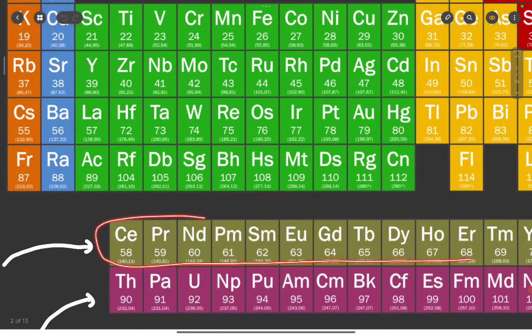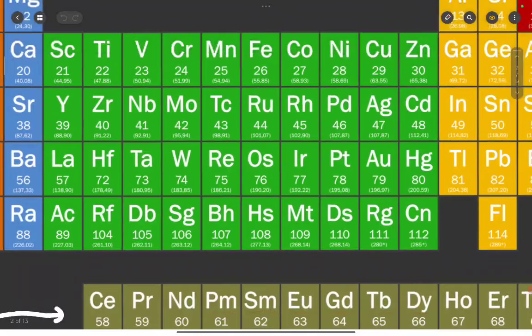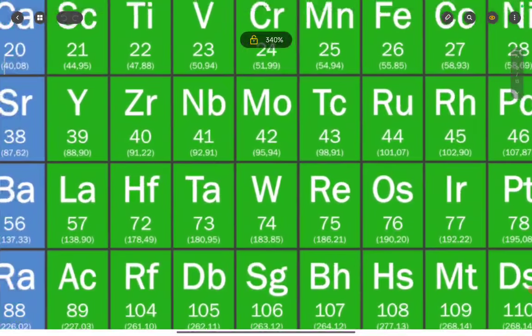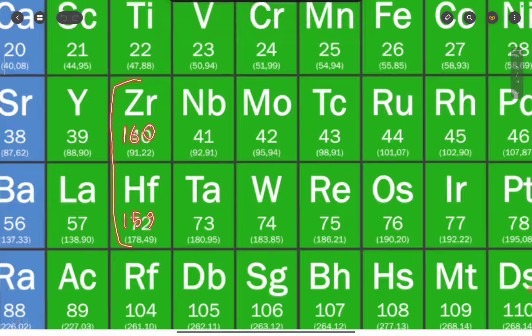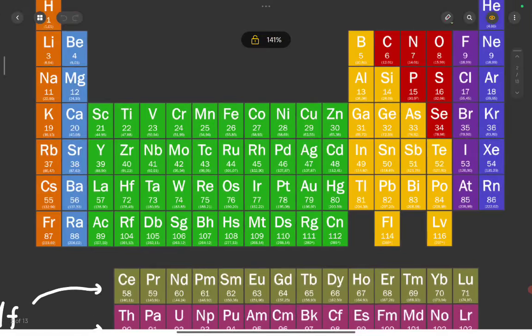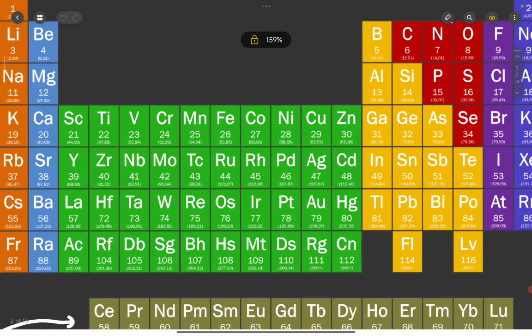Because of the lanthanoid contraction, the radius of the elements gets smaller, which is why the radius of zirconium is 160 picometers, but the radius of hafnium is 159 picometers, which is why they occur together. They have very similar chemical properties as well. In the d block we studied that the radius of the 4d series and the 5d series are very close to each other.